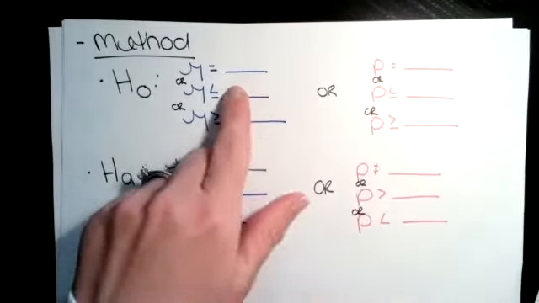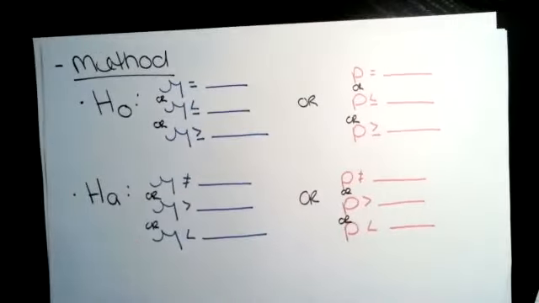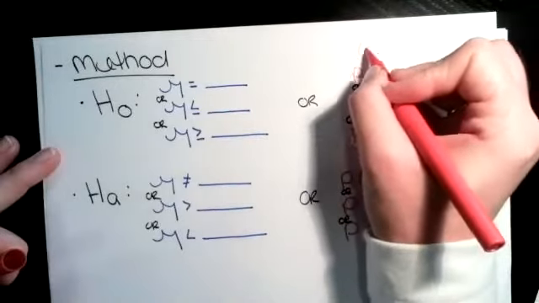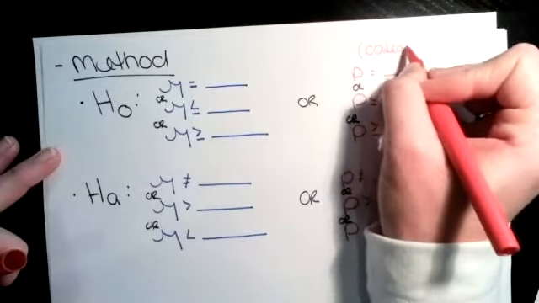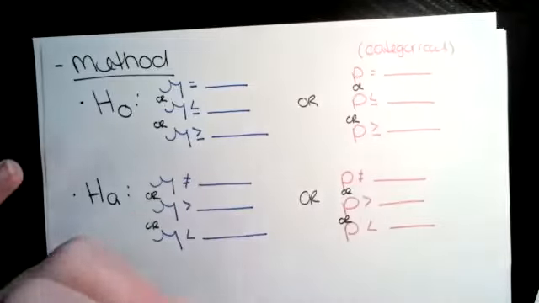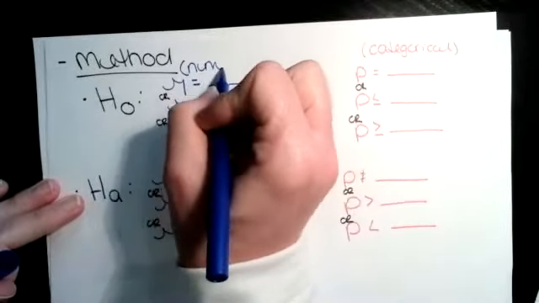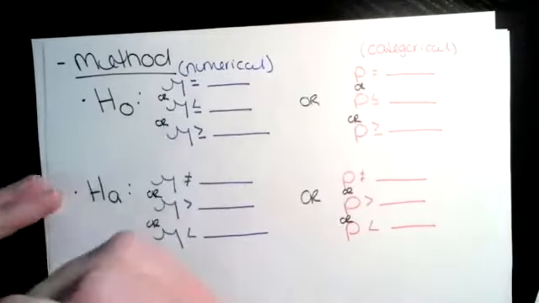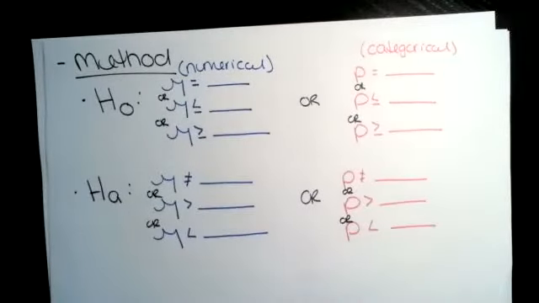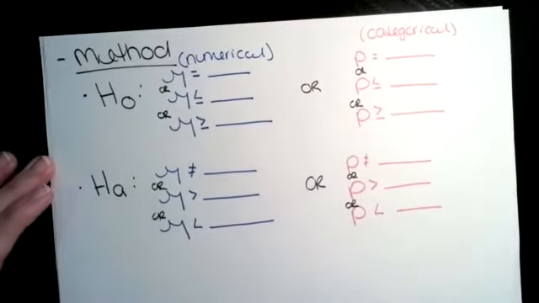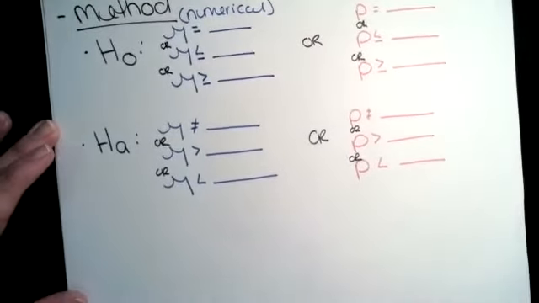So categorical and numerical. Okay, so that's how I'm going to write my null and my alternative here. So those are the first 2 parts for my method step.